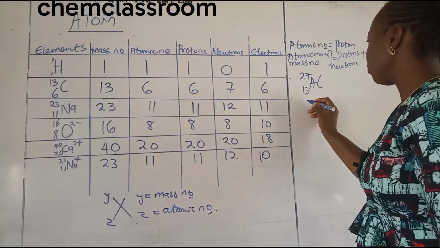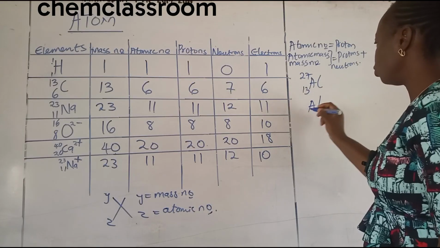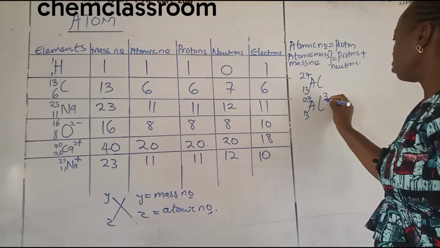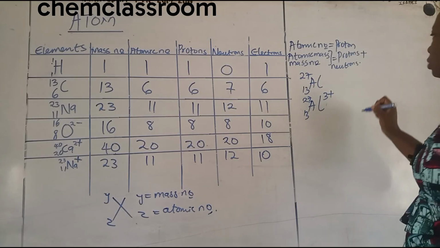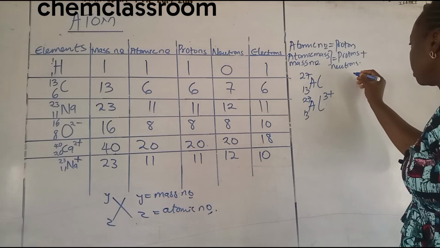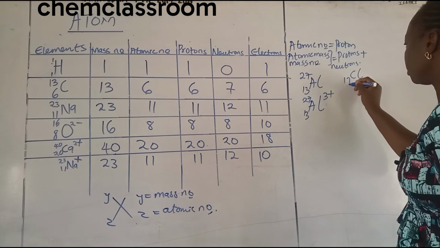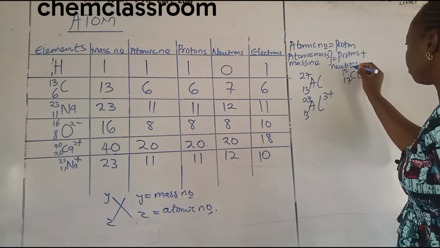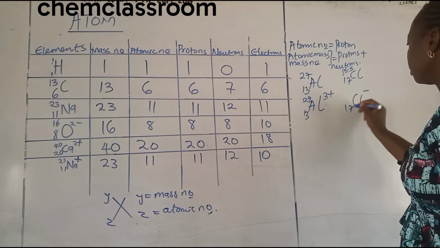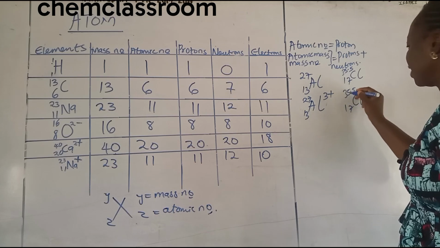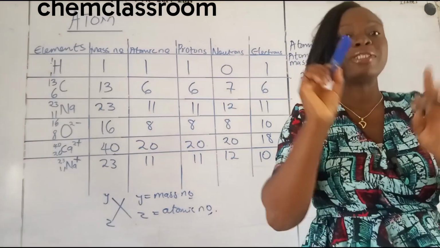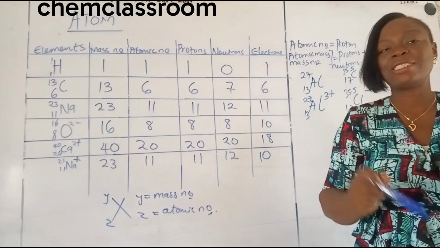Then you're also going to show me for the one where it's going to lose electrons. Then you are also going to do for me chlorine, 35.5 with atomic number 17, then Cl minus.